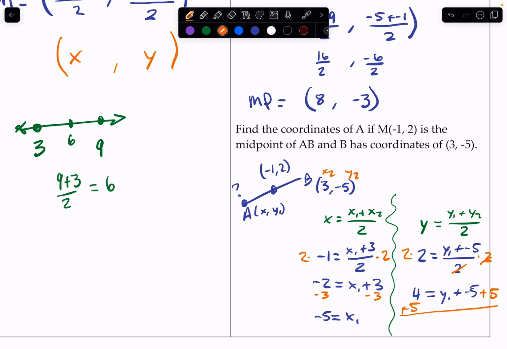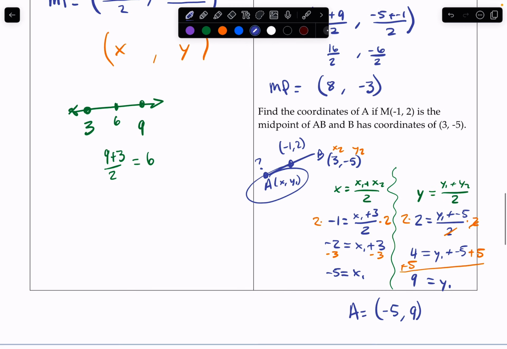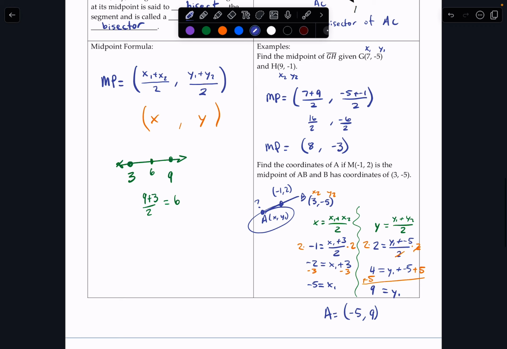And that will get us to the y value of that missing coordinate. 4 plus 5 is 9. And there it is. So our final answer here, that point A that we were unsure about, is going to be at -5, 9.